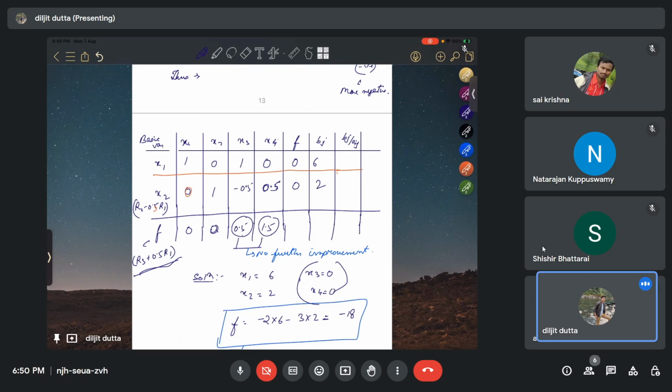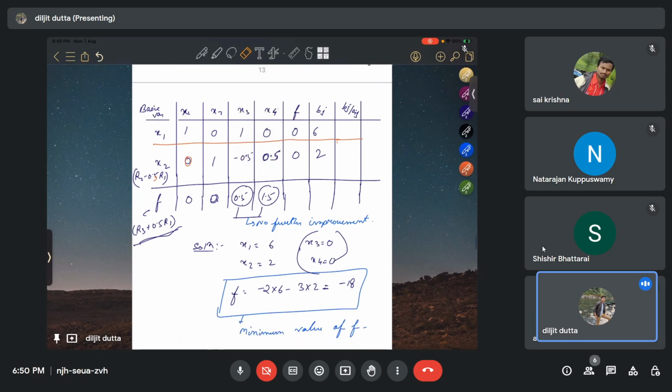So in this case we cannot further improve the solution, because both the coefficients are positive. x1 and x2 are the basic variables, and to find the value of the basic solution, since the coefficient of x1 is 1, we set x3 and x4 equal to 0 and get x1 equal to 6. From the second equation we get x2 equal to 2, as we set x3 and x4 equal to 0.